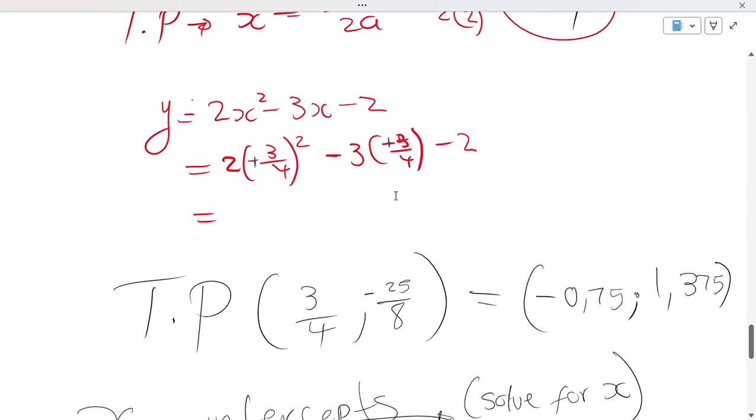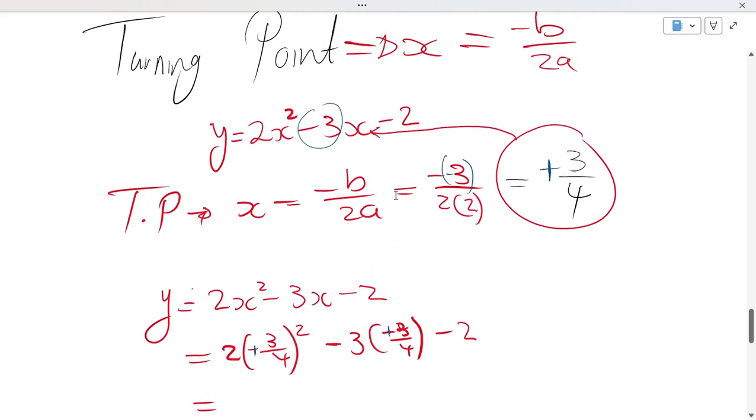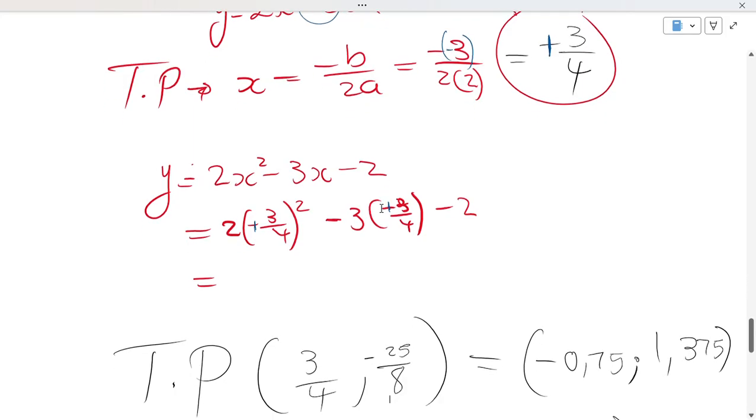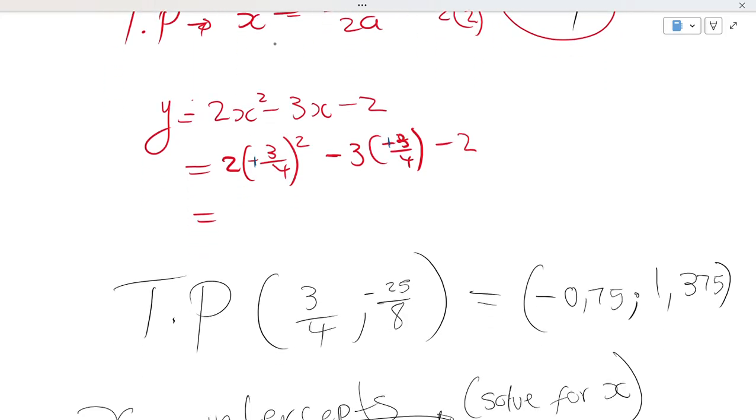So you can use both of them, because now with this one we can see where our mistake was. It was supposed to give us the same answer: negative 25 over 8.